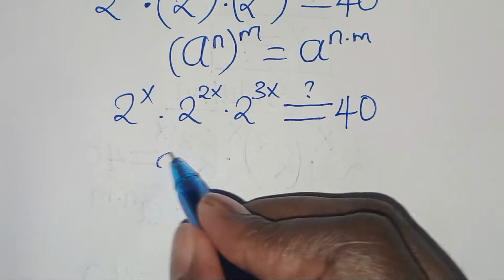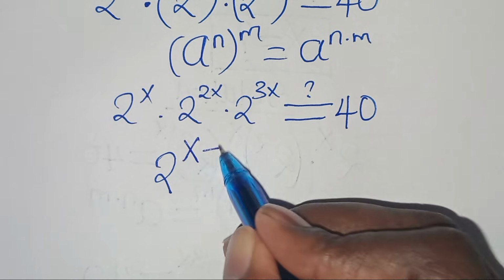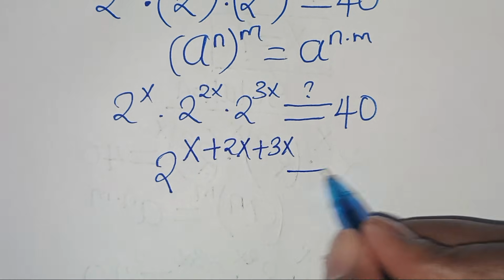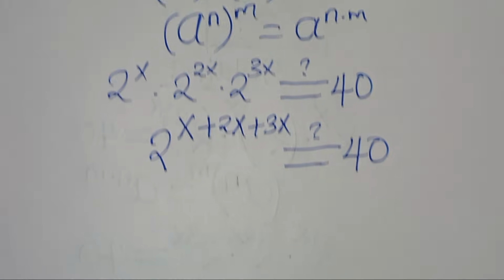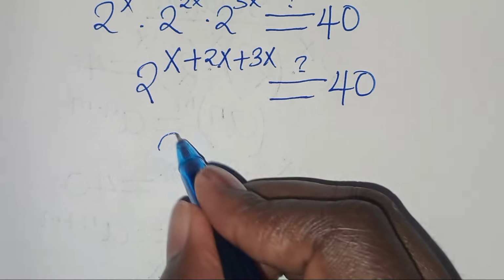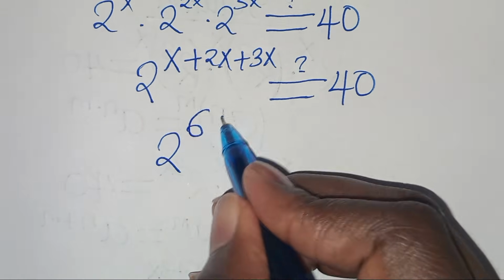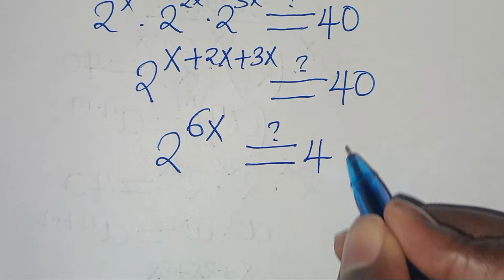So here we have 2 to the power of x plus 2x plus 3x. This is supposed to give us a value of 40. So this is 2 to the power of 6x. This again should give us a value of 40.